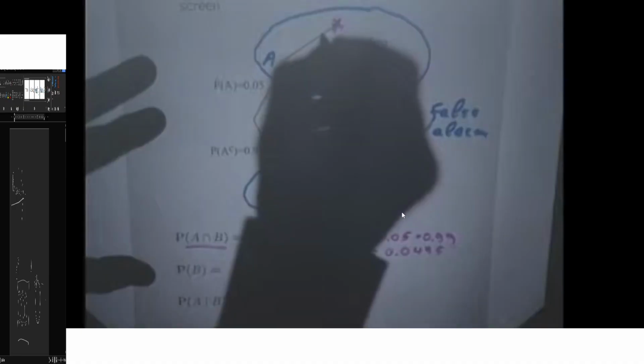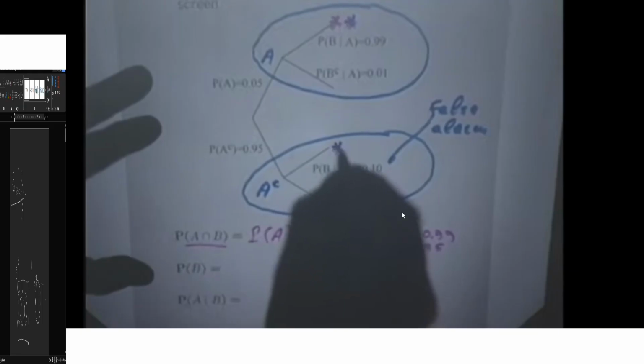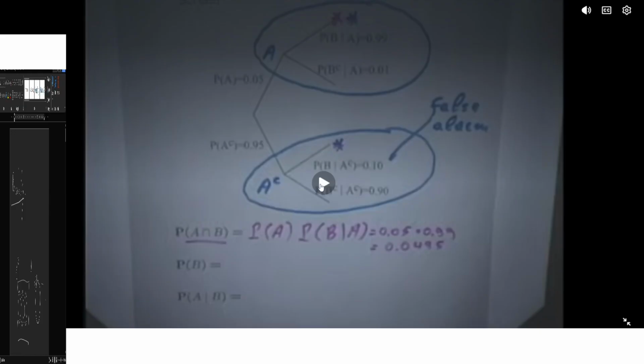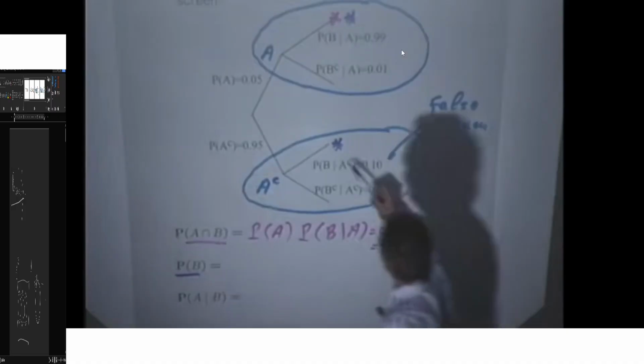It's the event that consists of this outcome, there is a plane and the radar registers something, together with this outcome, there is no plane but the radar still registers something. So to find the probability of this event, we need to add the individual probabilities of the two outcomes.